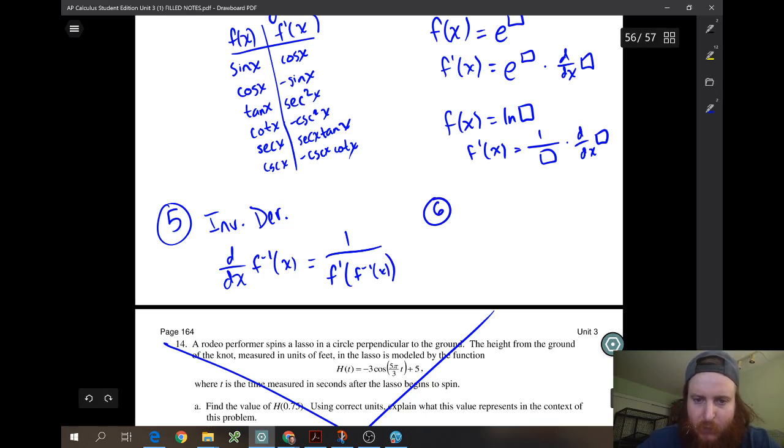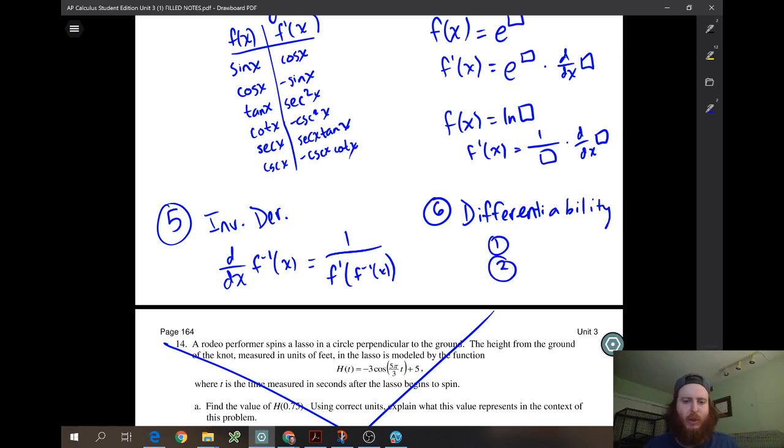And then the last thing is going to be differentiability. So kind of knowing both of the two rules: the continuity rule, and the limit from the left side of the derivative equals the limit of the right side derivative, but then also the graphical cases.